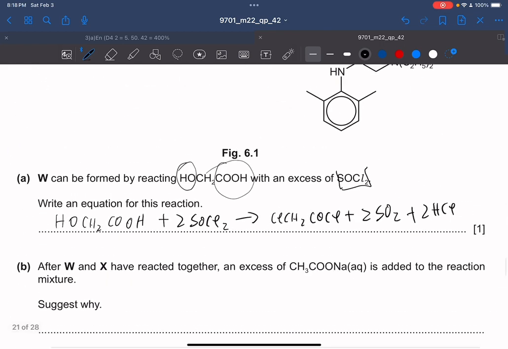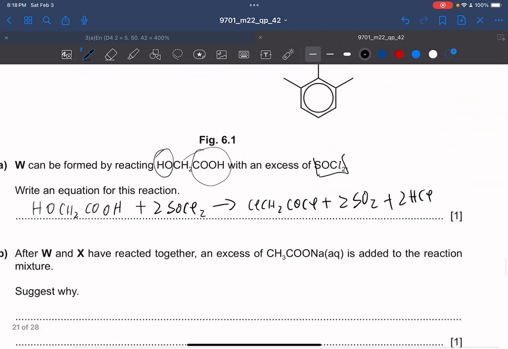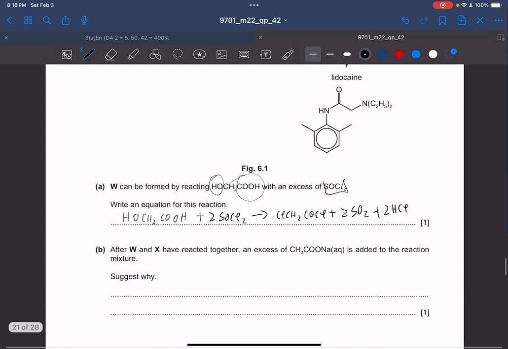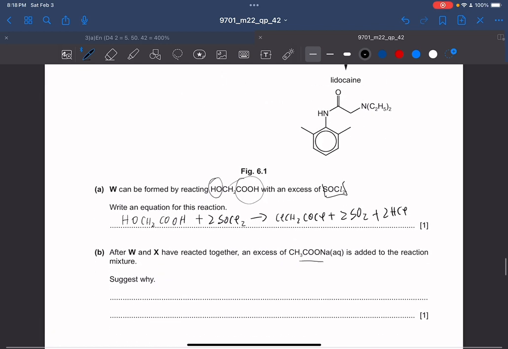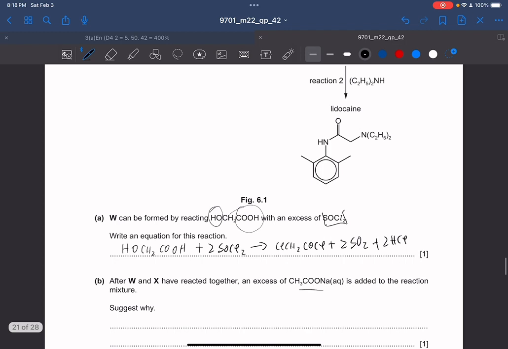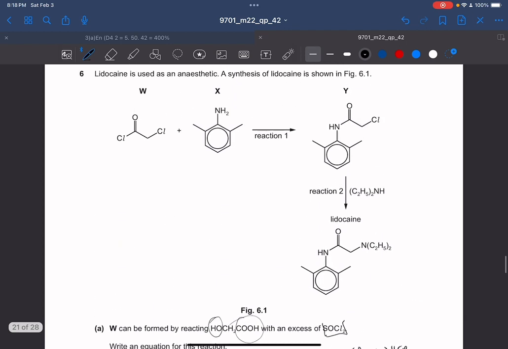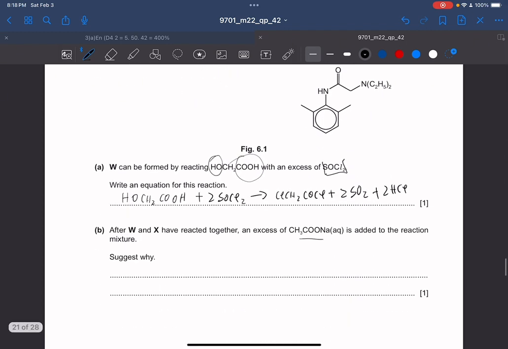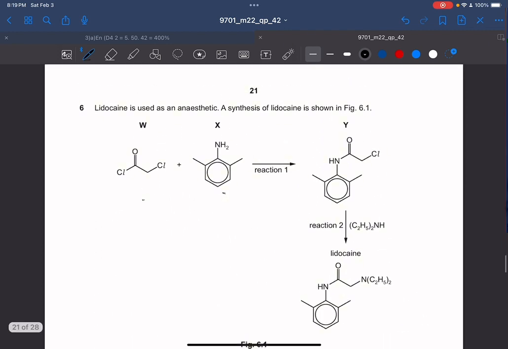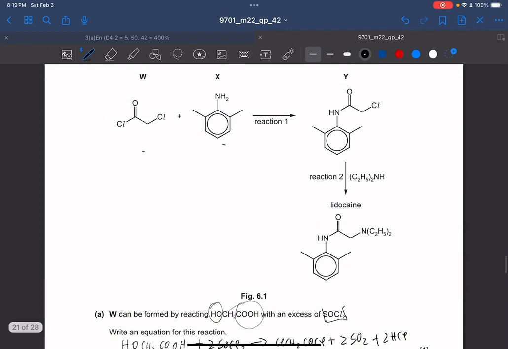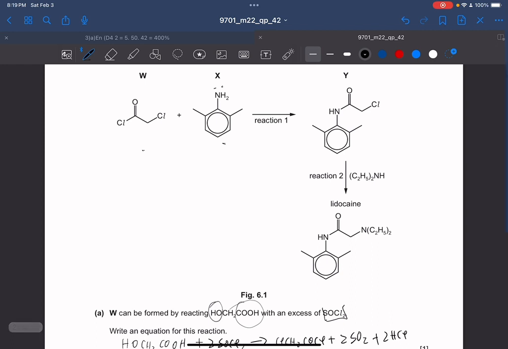After W and X have reacted, an excess of this is added to the reaction mixture. So after W and X have reacted, we're going to add an excess of CH3COONa to the reaction. Okay, basically, this reaction is addition elimination, which means we're going to form HCl, right?